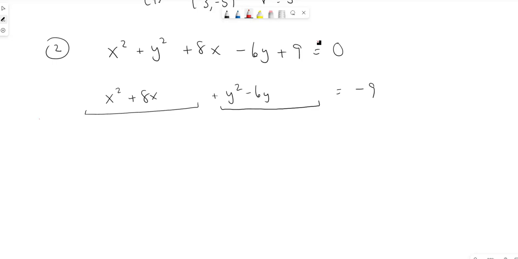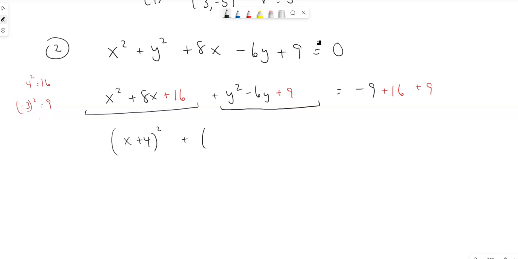All right, complete the square twice. Half of 8 is 4. 4 squared is 16. So I add a 16 here. And whatever I add to one side, I better add to the other side. Otherwise, it's not going to make sense. Half of negative 6 is negative 3. When I take negative 3 and square it, I get 9. So I add 9 here, add a 9 there. All right, we know how this is going to work out. This is going to become x plus 4 squared.